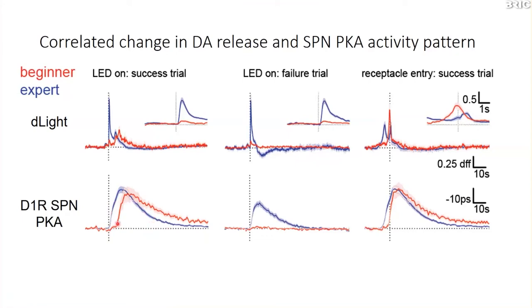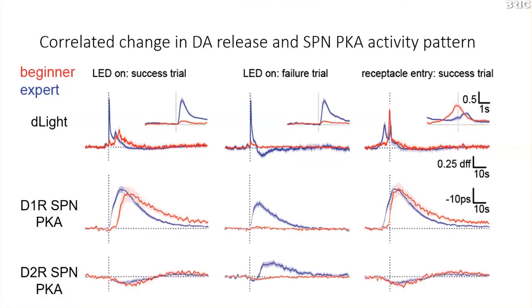However, by comparing the success trial and the failure trials of the expert animals, so these two blue graphs, we can see there's both the cue component as well as the reward component in this activation of PKA activity in D1 receptor SPNs.